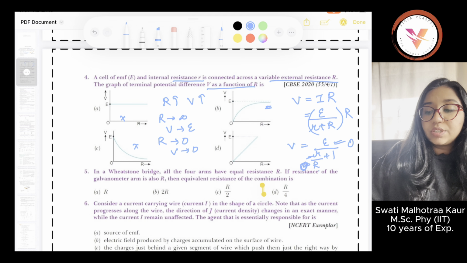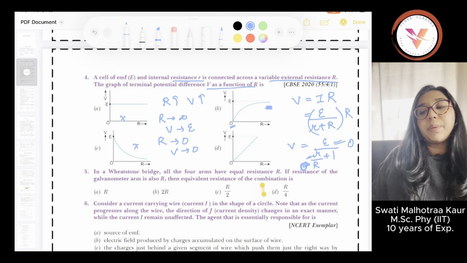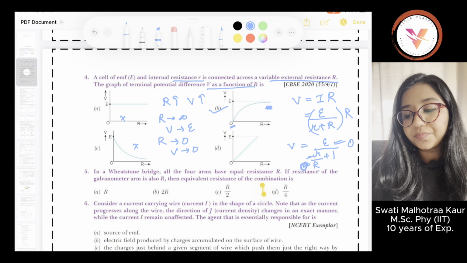So R is 0, V is 0. This B is the appropriate graph.